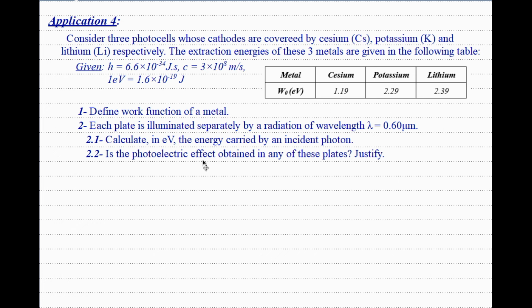Then each plate is illuminated separately by a radiation of wavelength 0.6. Calculate the energy of this photon or this radiation. Is photoelectric effect obtained in any of these plates? And you have to explain. So it's straightforward, doesn't have a lot of things to think about. However, I would like you to solve it to practice if you have grasped all the concepts for this part.